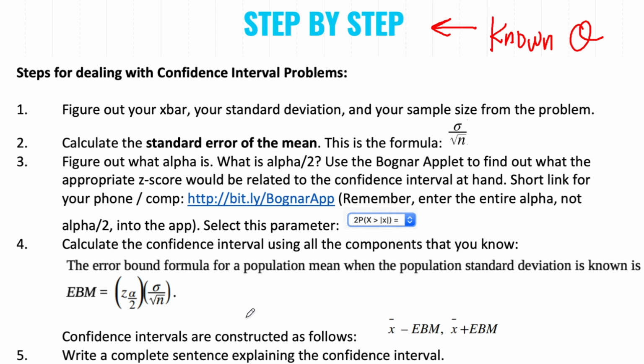That will give you your error bound. And finally, your confidence interval is constructed as follows. Take that x bar and subtract the EBM calculated above, and then x bar plus your EBM calculated above. And finally, we just write out a complete sentence that explains the confidence interval to a layperson.